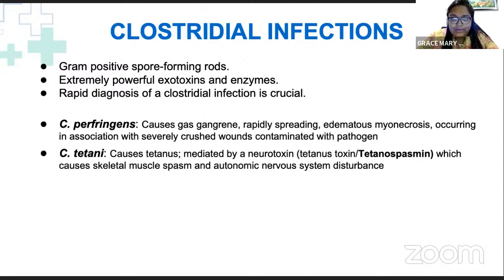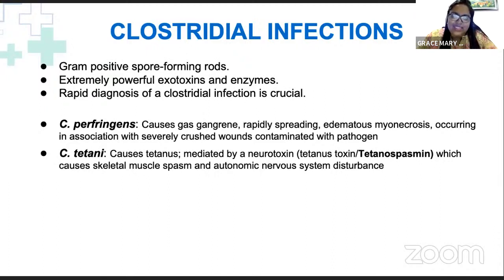Then there is our most famous, tetanus, which is caused by Clostridium tetani. You know what happens when you get tetanus. Whenever your hand or any part of your body gets bruised with something metallic or unhygienic, you tend to get a TT shot, a tetanus toxoid shot, because of the spores.